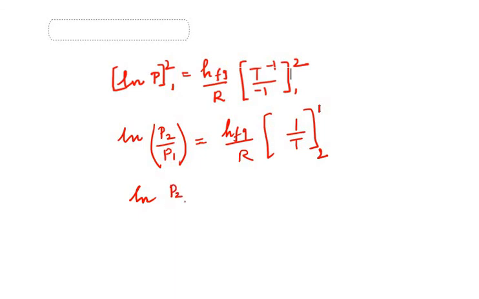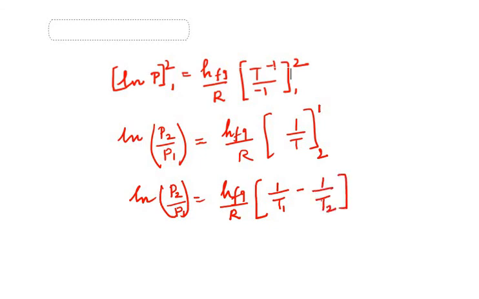So ln(P2/P1) is equal to hfg/R times (1/T1 minus 1/T2). So if we know the vapor pressure at a particular temperature T1, then we can calculate the vapor pressure P2 at the temperature T2.